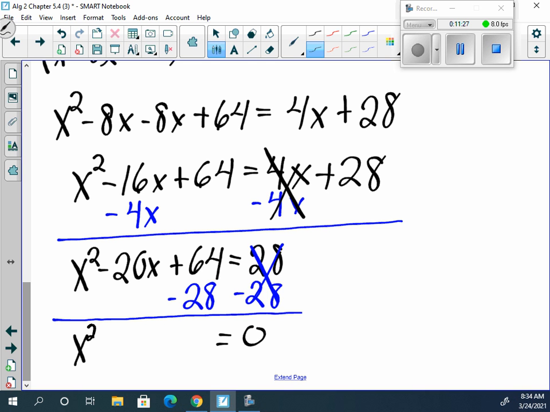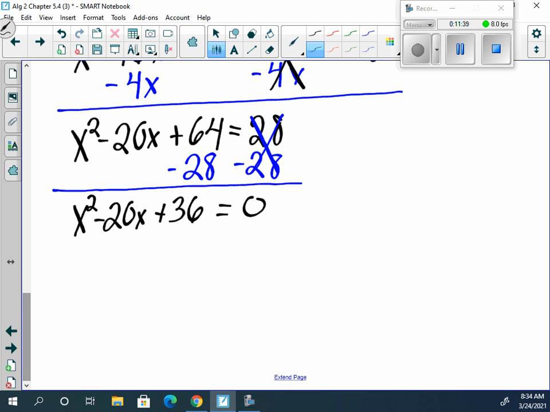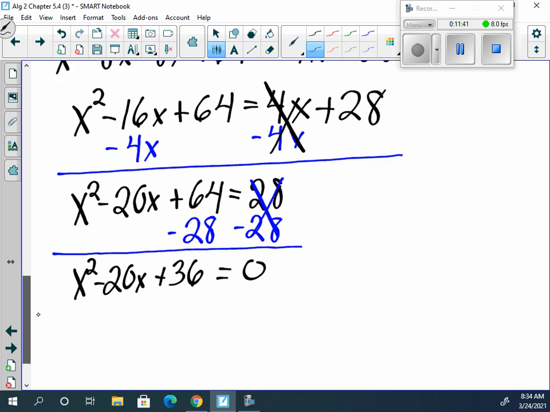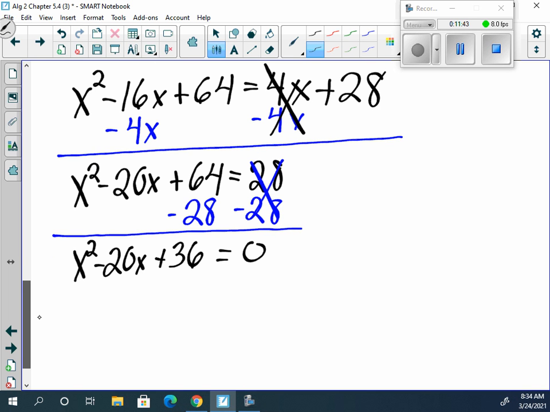We have x squared minus 20x. I will move it up here in a second. So once we've moved everything to the same side, we'll get x squared minus 20x plus 36.